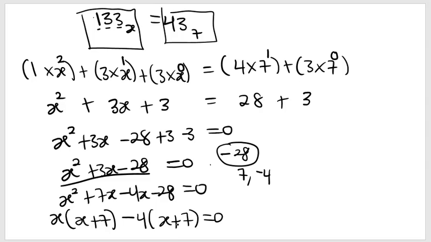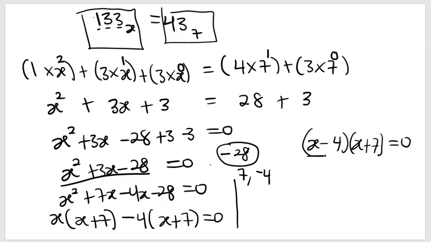It is not going to be x minus 7, because when the negative comes out, whatever is left in the bracket is going to be positive. So take note. So we are going to have x minus 4, x plus 7 is equal to 0.